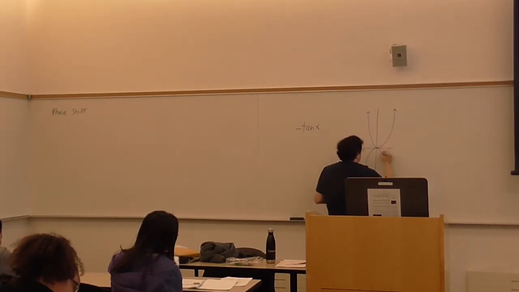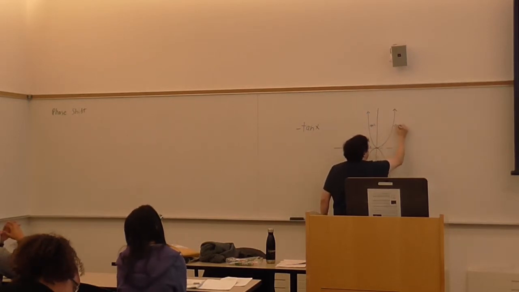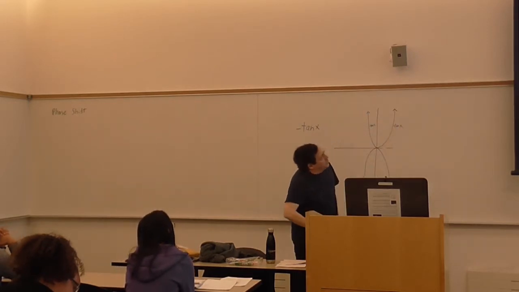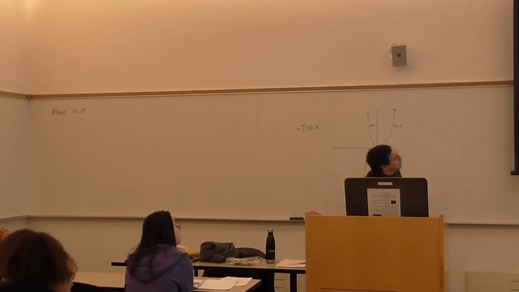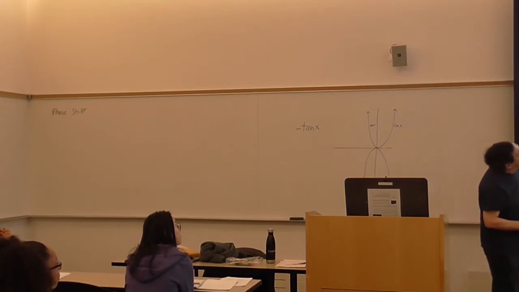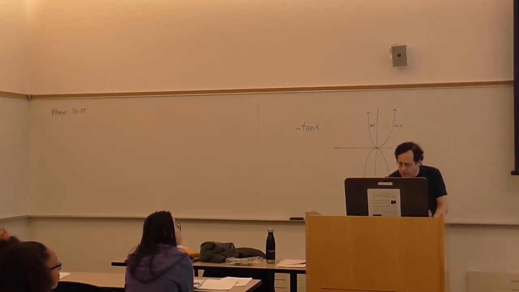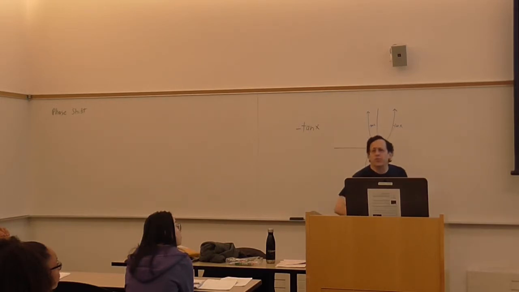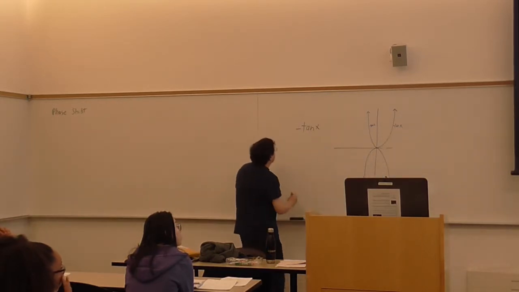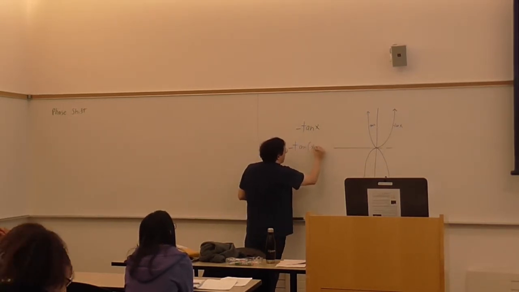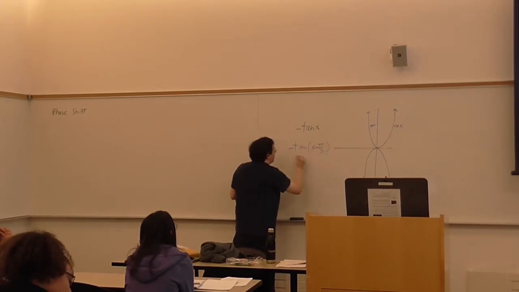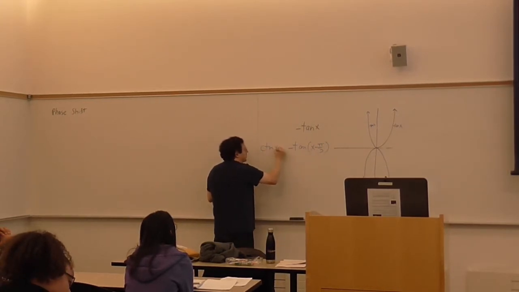So now, here's my minus tangent of x. And then what do I have to do with it? It doesn't go through 0. Where does it go through? It goes through pi over 2. So if I take minus tangent of x minus pi over 2, that's my cotangent.